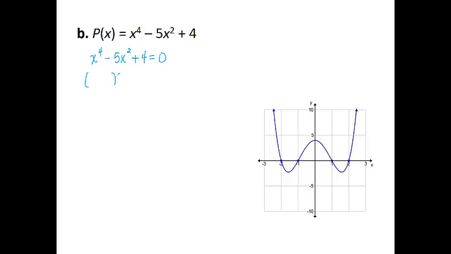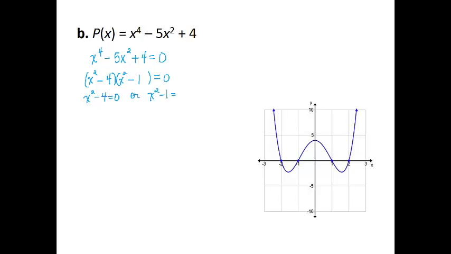We're going to try to factor this trinomial. The factors of x to the 4th are x squared and x squared. The factors of 4 whose sum is negative 5 would be negative 4 and negative 1. We can set those factors equal to 0, or we can factor those as a difference of squares even further.